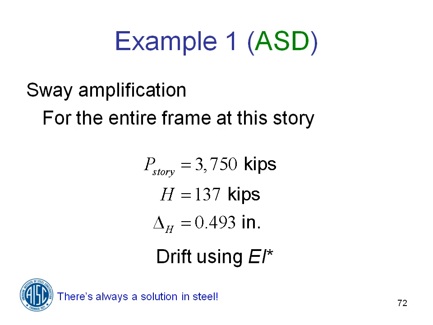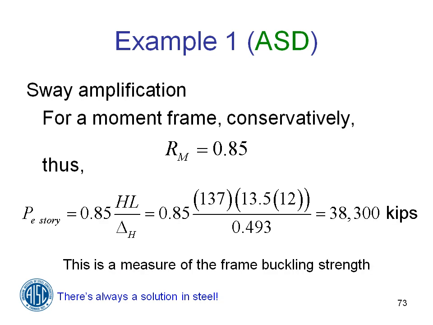For the sidesway, or the sway amplification, we have that horizontal force of 137 kips that resulted in a horizontal deflection of 0.493 inches. The entire load on this story is 3,750 kips. And so if we calculated this drift using our reduced stiffness EI, then we can get our P_e story.